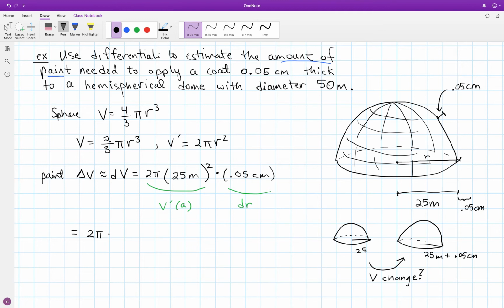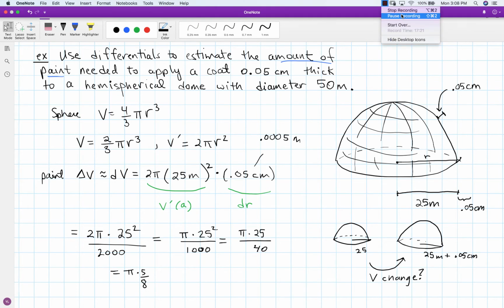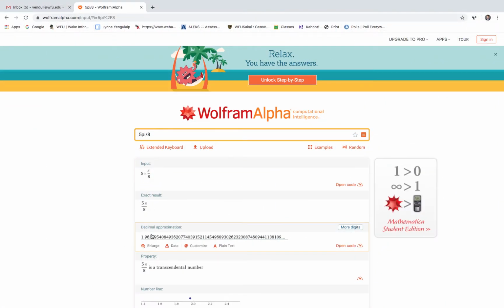So I have 2 pi times 25 squared. This would be 0.0 and then 2 more zeros if I want to do meters. And so that is like 1 over 2 with 3 zeros. So I'll put it like that. And then I'll just simplify this. All right, Wolfram Alpha tells me that 5 pi over 8 is around 1.96.